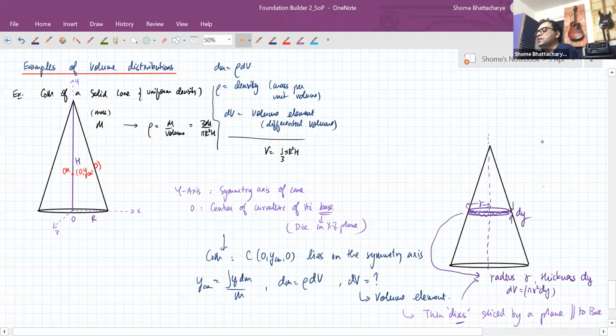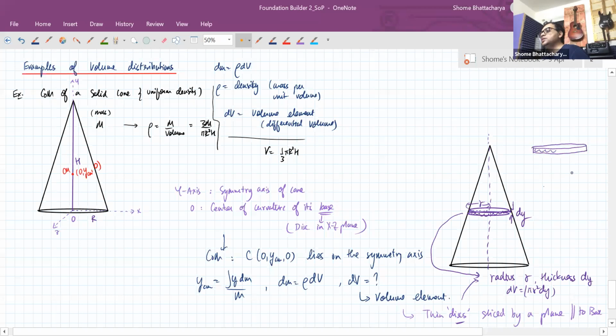Now again, there's a bit of discrepancy here, because if you look at the proper shape of the disc, it's not exactly a disc. It's got a slight amount of slant on the side. But as long as the thickness is less, we can neglect it. We are treating it like a disc which has got a straight side, like a slice out of a cylinder.